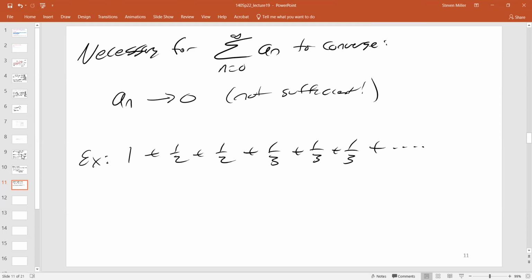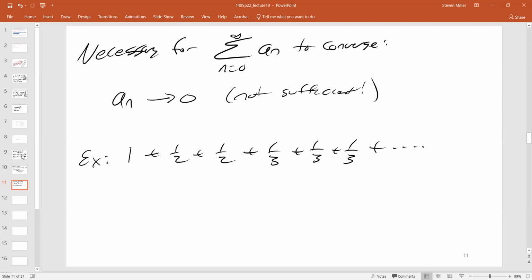Whenever possible, you always want to try to find extreme cases to play with to get some feeling for what's going on. And this is enough to show us that it's necessary for an to go to 0, but it's not sufficient. If I had to describe mathematicians with just one word, I would probably use the word lazy.